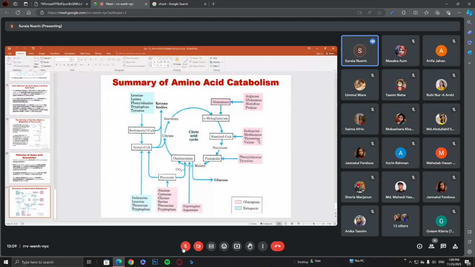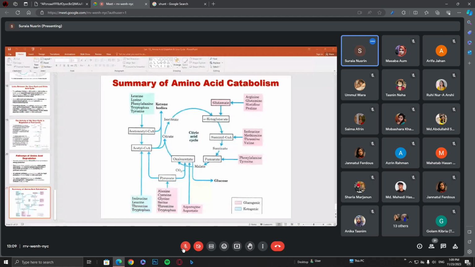Even where that particular reaction is happening, what is the location of that reaction, what is the type of the reaction, what are the enzymes involved in those specific reactions. So that is your assignment.